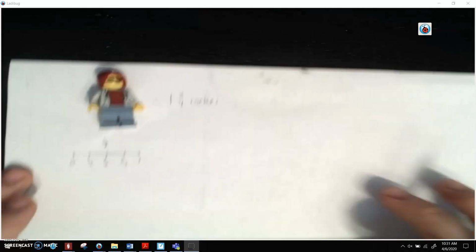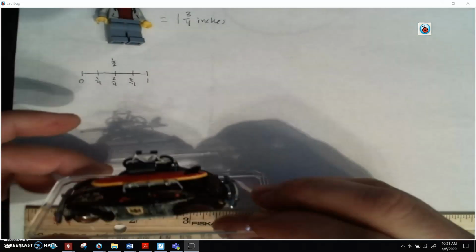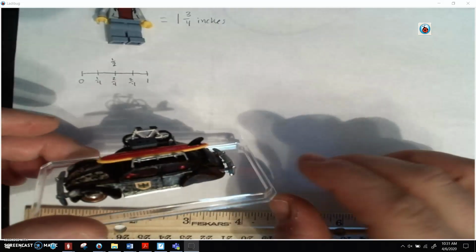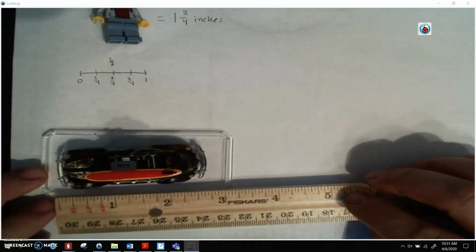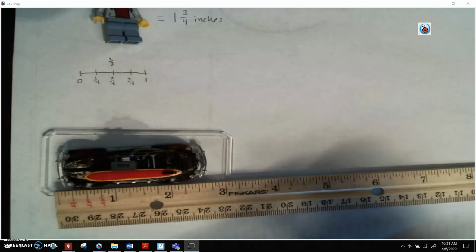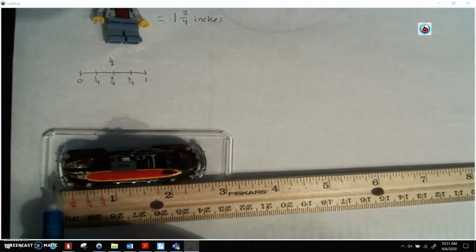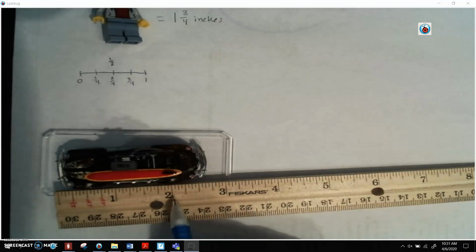So I'm going to show you something else. On here, I have this model of a car, and I'm going to line it up. So I've got the front of it lined up. Line it over the very edge of it. I'm going to come back here to the very edge, and it is this line right here. So I know I'm dealing with 2 inches.